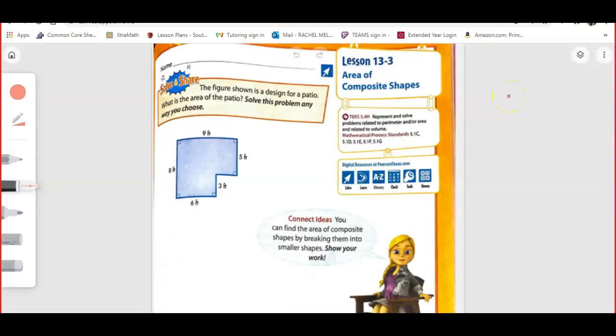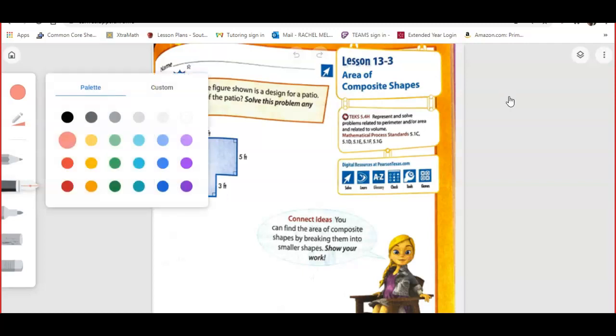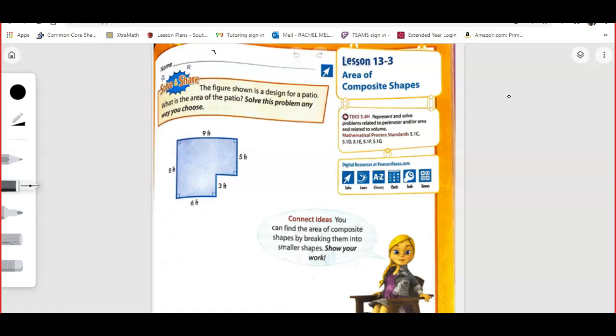All right, so we're going to do 4 problems together in this video so that you can see what this would look like. Okay, so I'm looking at this shape. You know, there's multiple ways that I could cut this shape up. I could cut it this way. Whoops.